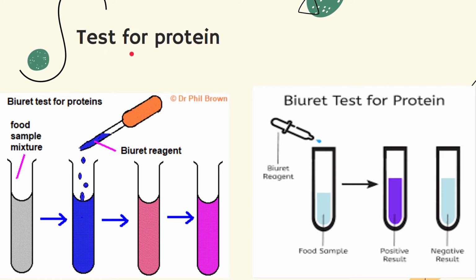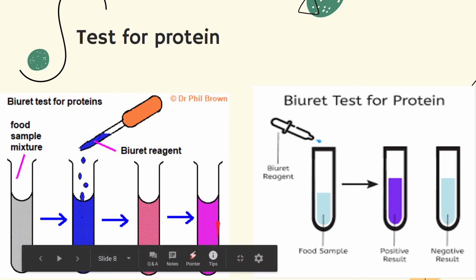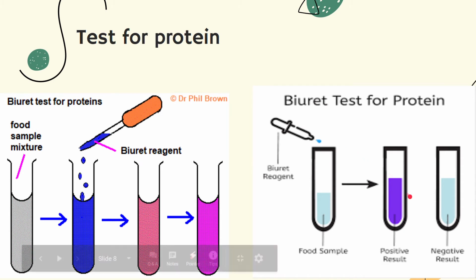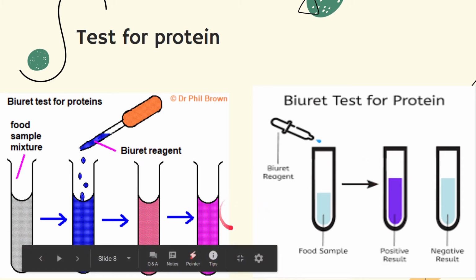Alright, so your test for proteins is the biuret test. That's your reagent, biuret reagent. Then you add that, and your result is a lilac color. If the result doesn't show this lilac color, then there's probably no protein present in the solution that you're testing for. If you denature the proteins by some kind of reaction, if the proteins are still present, then the color will change.